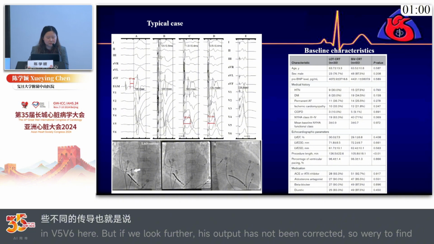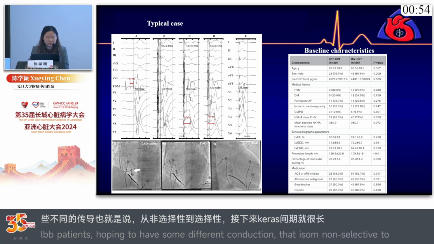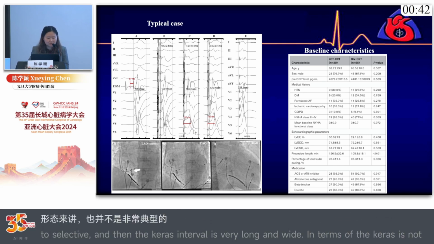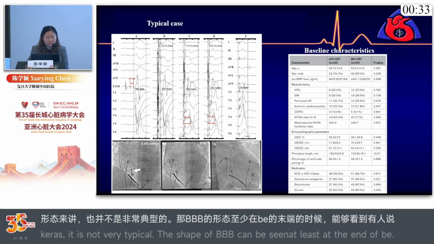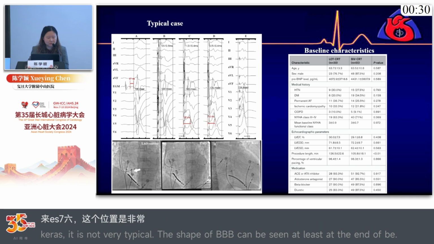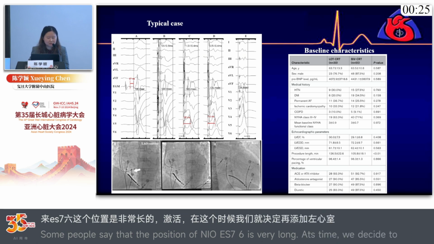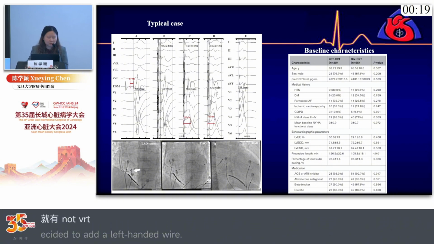Though the QRS duration is quite long and wide, and the QRS morphology is not a typical BBB shape, because there's still some S wave at the end of V1 and still some notch in V6 and V5, with a very long stimulation to LVAT. So at this time, we decided to add another LV lead, and the final QRS duration with LoT-CRT seems better than selective or non-selective LBB pacing only.